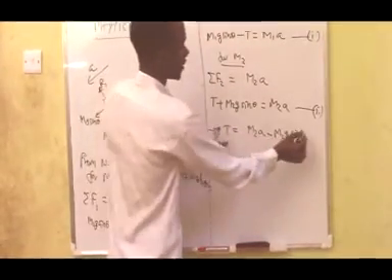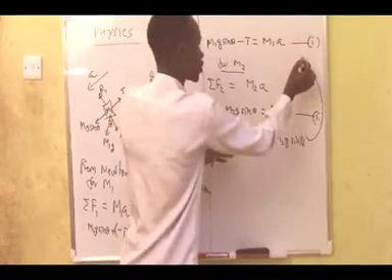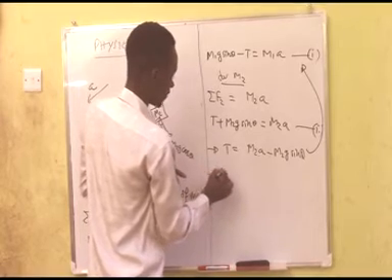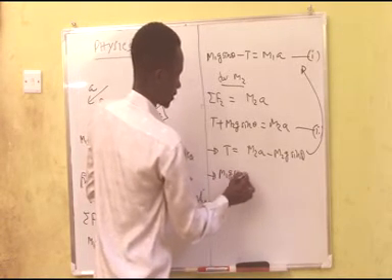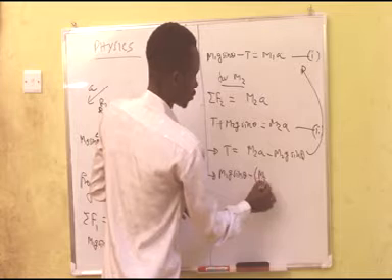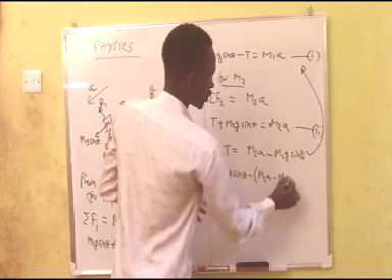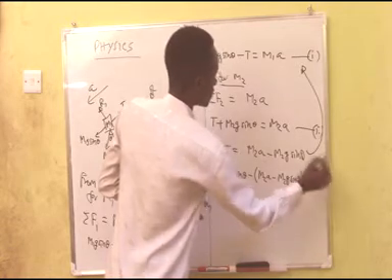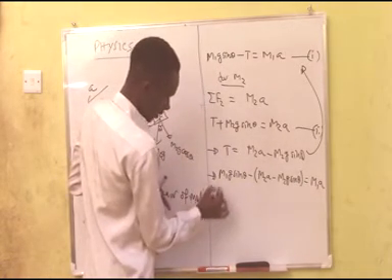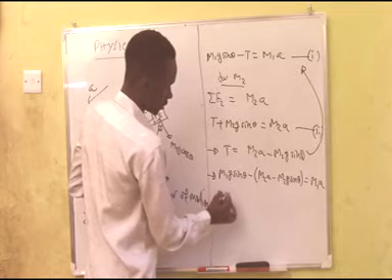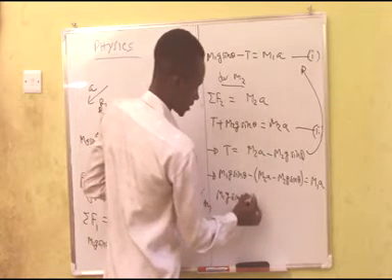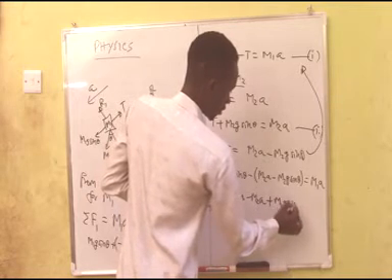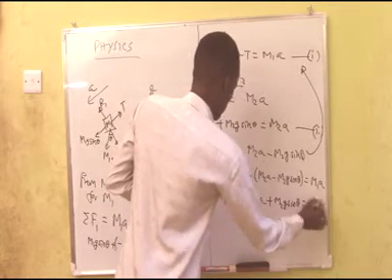Substitute this into equation 1 to obtain m1g sine of theta minus tension, which is m2 times A minus m2g sine of theta, equals m1 times acceleration A. Rearranging, the equation becomes m1g sine of theta minus m2a plus m2g sine of theta equals m1 times A.